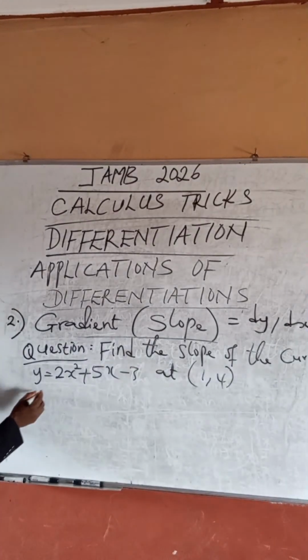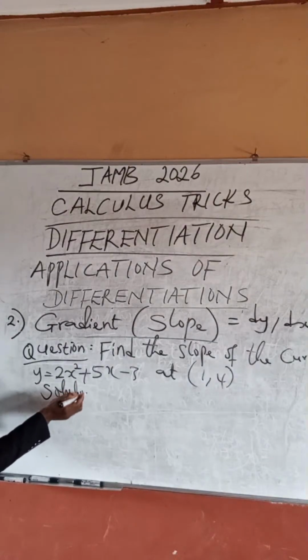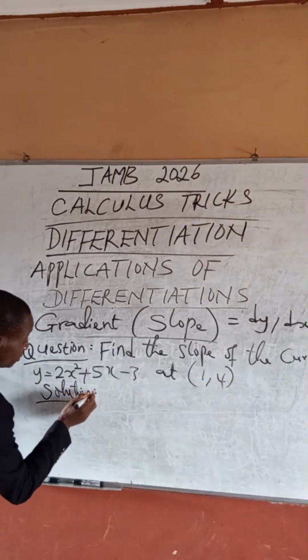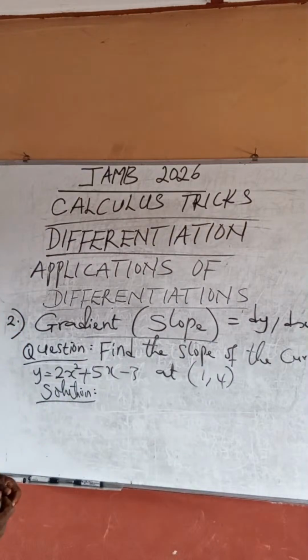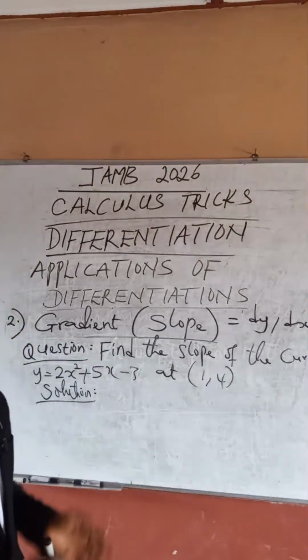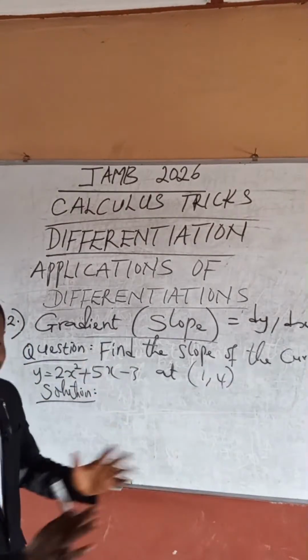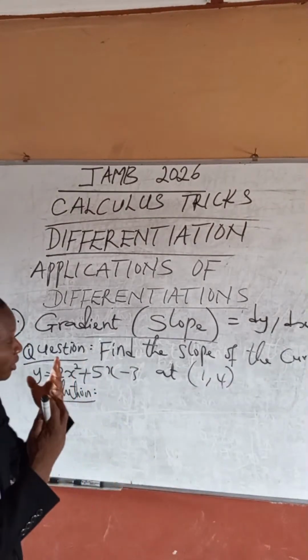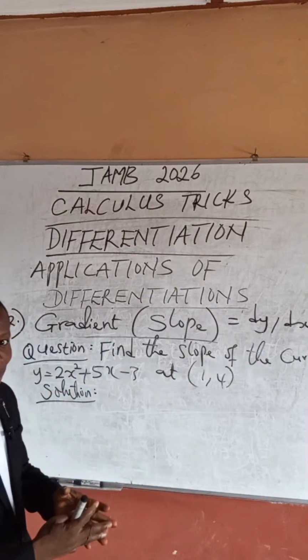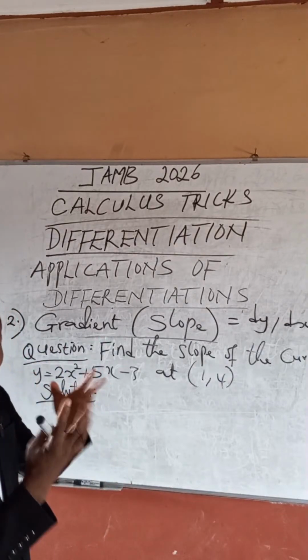Very easy, right? That's how JAMB behaves. If you don't understand JAMB, you will just be reading and reading, as if only reading can make you pass JAMB. Reading alone cannot make you pass JAMB. If you read alone, you will only end up scoring low. You have to understand the trick for JAMB as well.